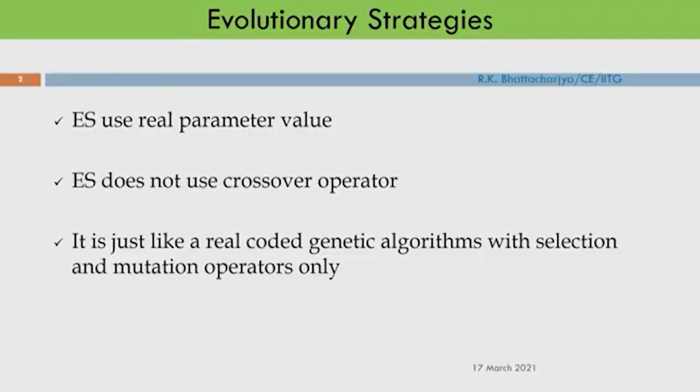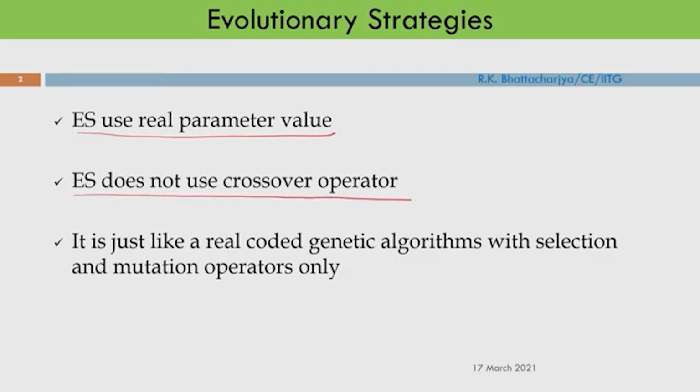So, evolutionary strategies, or we can say ES. ES uses real parameter values. We are not converting to binary bits here, so binary conversion is not required. We are directly using the real parameter values. ES does not use crossover operators.